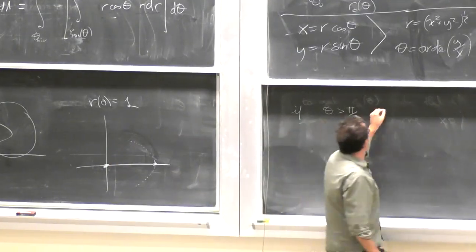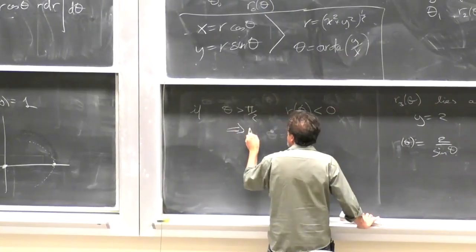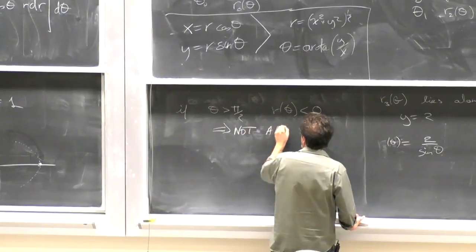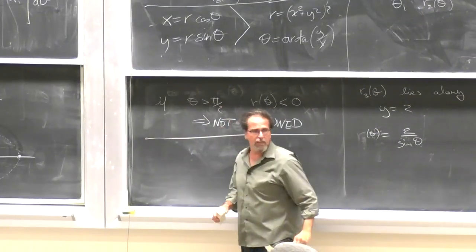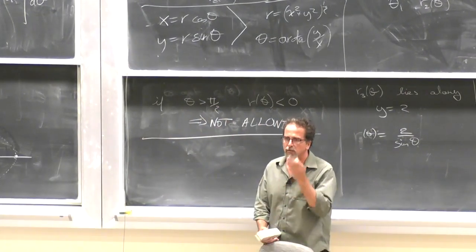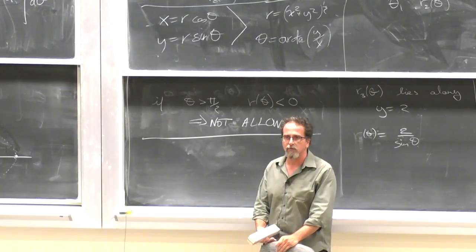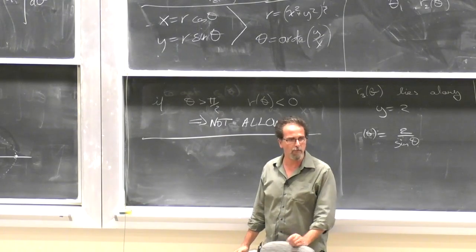Okay? R of theta is less than 0, and that's not allowed. Inadmissible. Do not allow it. I don't care what your book says. Here's a place where r would be negative if I took that expression literally, so you stay away from it.